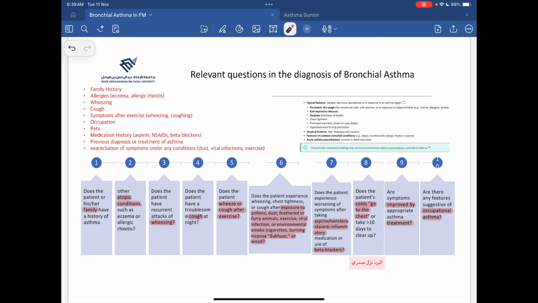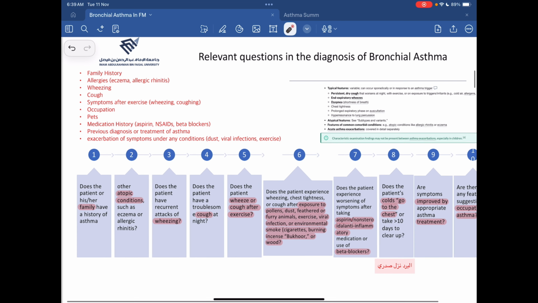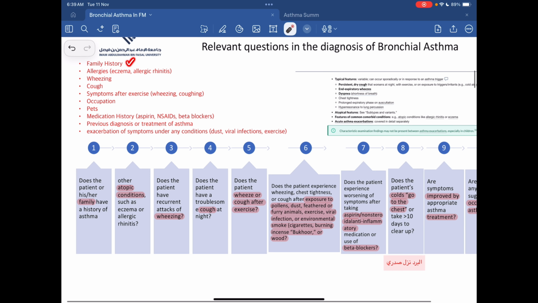Relevant questions: the diagnosis of bronchial asthma, family history, allergies, wheezing, cough, symptoms after exercise, زي إيش الsymptoms? Wheezing or coughing, occupation, pets. Medication history الميديكيشن ذكرناها اسألوها بنفسها aspirin, NSAIDs, beta blockers.